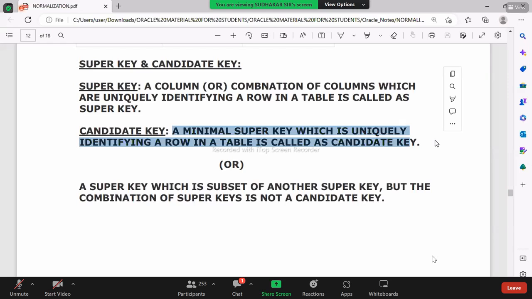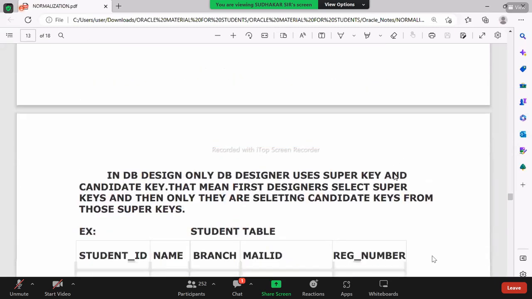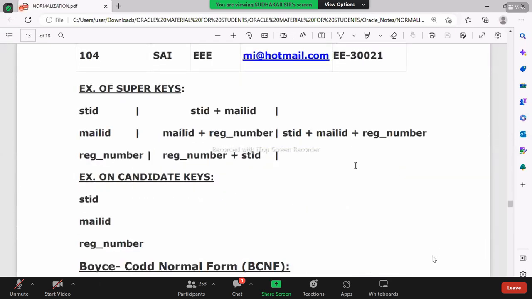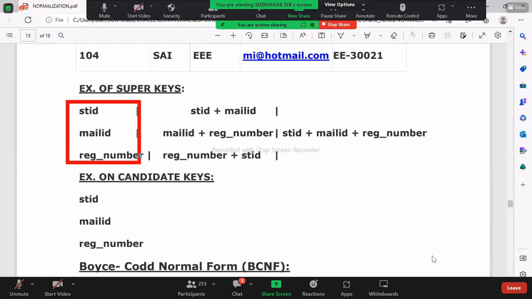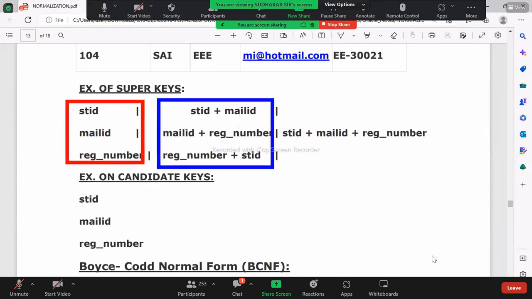So a minimal super key is also a super key column, but it should be at the minimum, least level. Now tell me, in these examples we found three kinds of super keys: every individual column, any two-column combination, and a three-column combination.